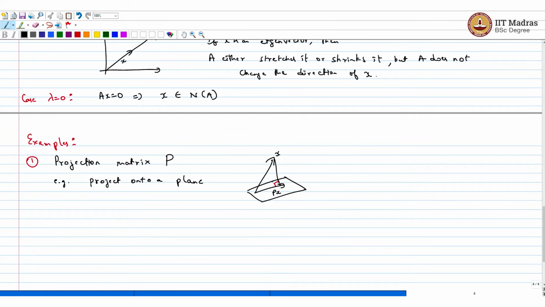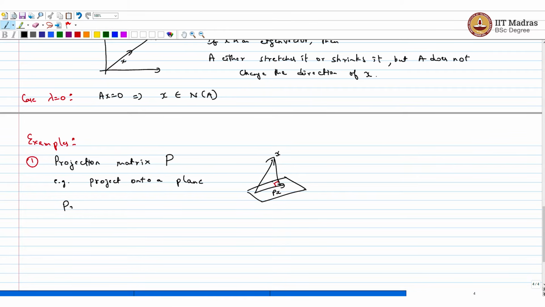Now, for this I would recommend you pause the video and think about the eigenvalues of this matrix and even the eigenvectors. Strongly encouraged to understand what are the possible eigenvalues and eigenvectors of this projection matrix. In this very simplest case, think of projection onto a plane, which is illustrated here. I am going to go on and give out the answers.